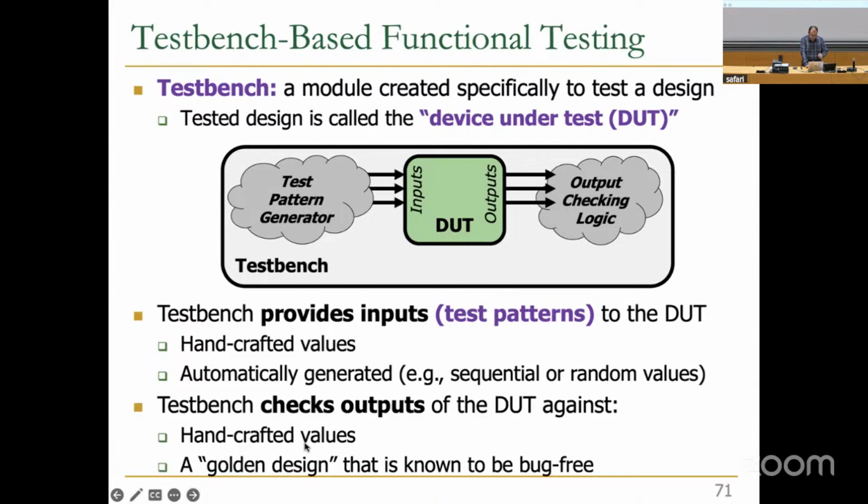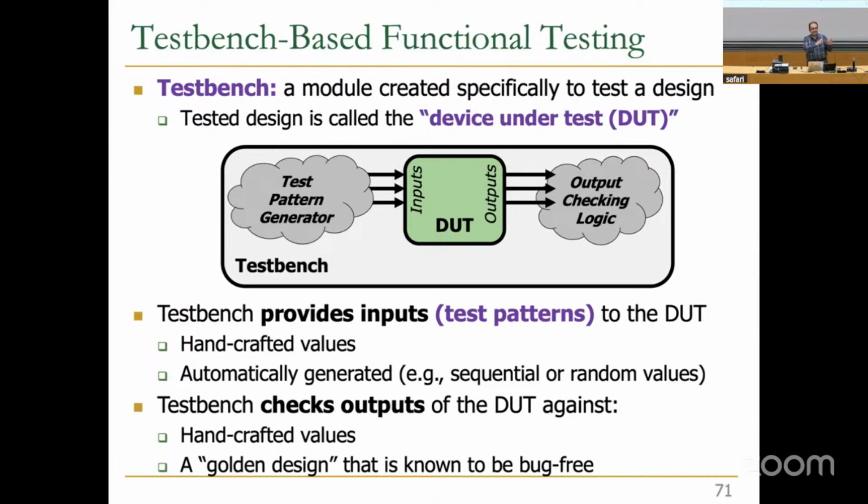And the test bench has to check outputs of the device under test against handcrafted values again, or a golden design that is known to be bug-free. We're going to see about golden design very soon, but very briefly, you may have a model of your design that you call golden design, and that usually is implemented with much higher abstraction, and you're sure that golden design is bug-free.